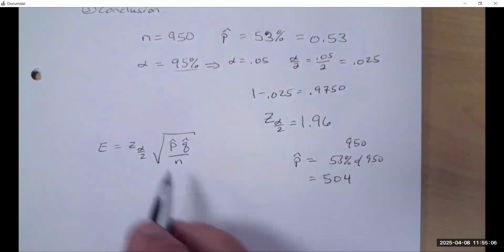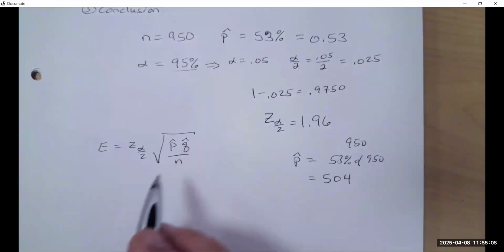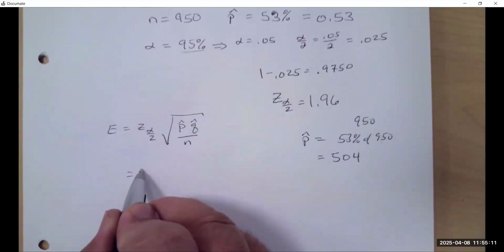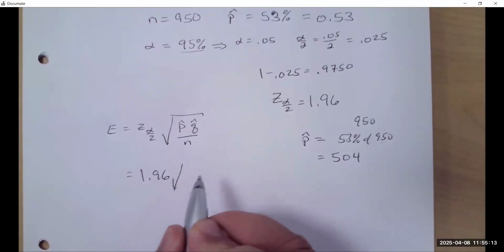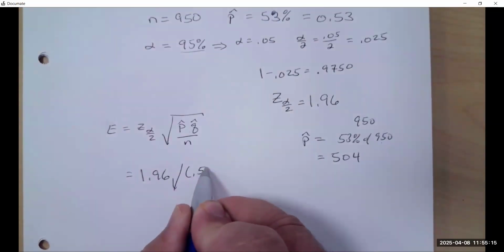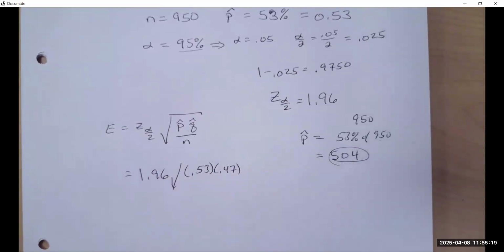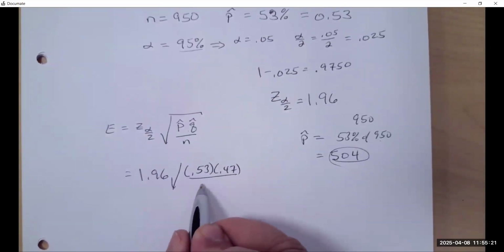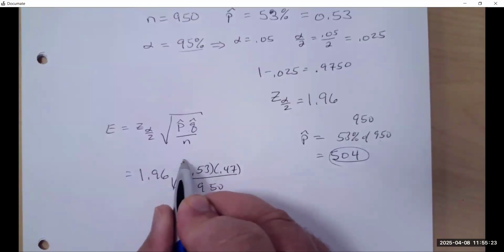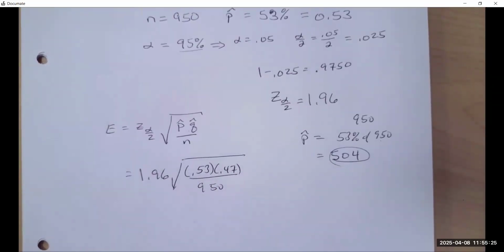Actually, we don't need that, these are proportions, the percentages. So we have our 1.96. We can use 0.53, and this is 0.47. We don't have to find the values here. Over n, which is 950. We can do those also, but we're looking for the proportion of it.